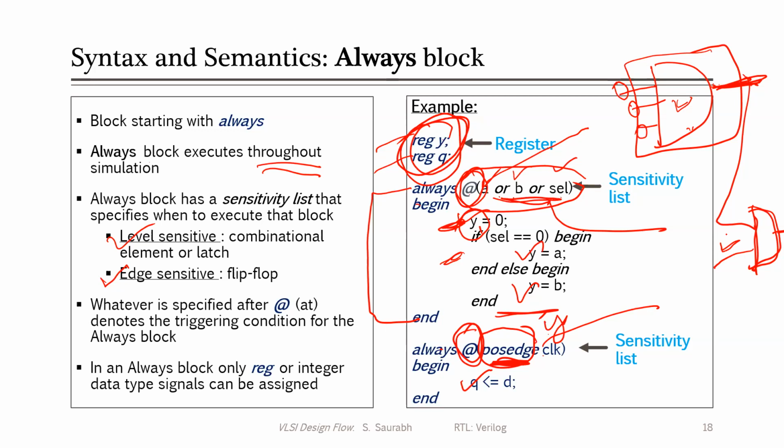Then that always block can again trigger another always block, and this is how the simulation will progress. This will go on until the end of the simulation time that you have specified. Okay, any other question? Yes, sir.